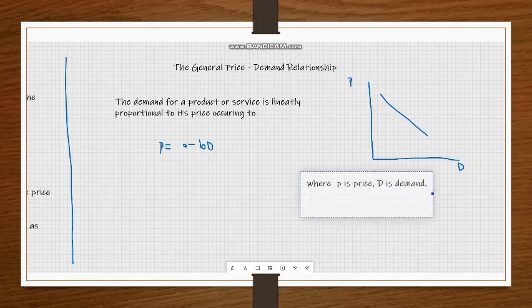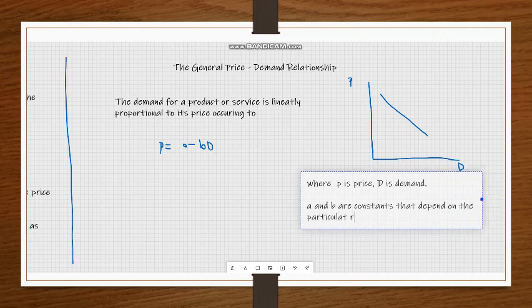A and B are constants that depend on the particular product or service.